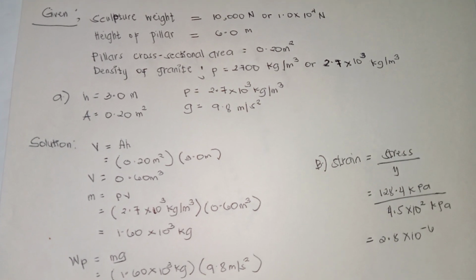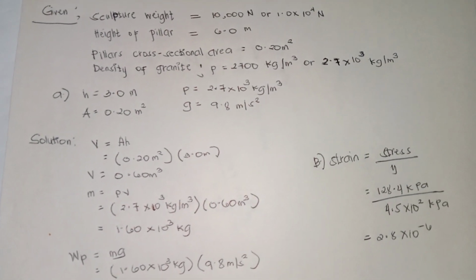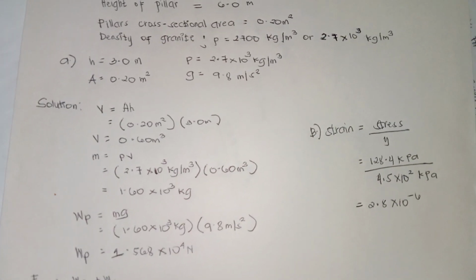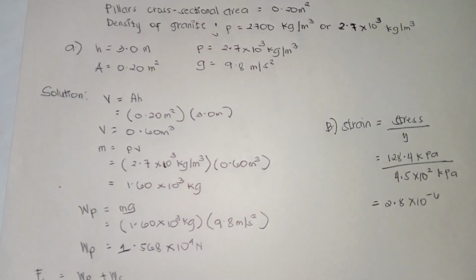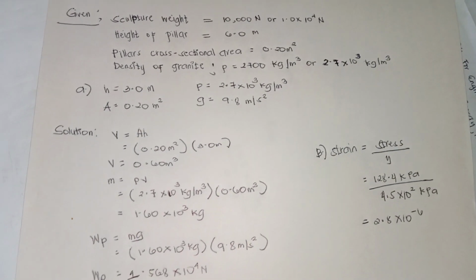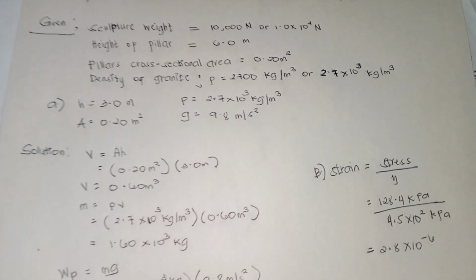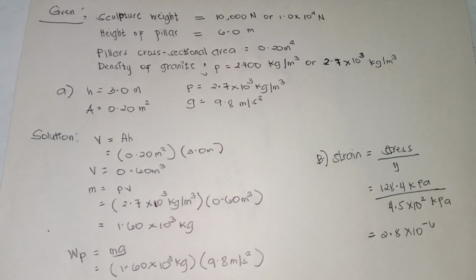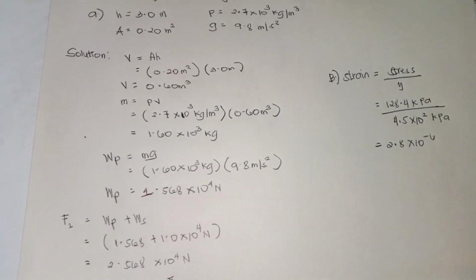And density of granite rho, which equals 2,700 kilograms per meter cubed or 2.7 times 10 to the third power kilograms per meter cubed. And for h, which equals 3.0 meters, and for A, the pillar cross-sectional area, 0.20 meters squared, and for rho, 2.7 times 10 to the third power kilograms per meter cubed, which is our density of granite, and for gravity, which equals 9.8 meters per second squared.